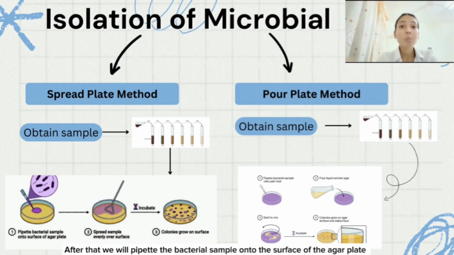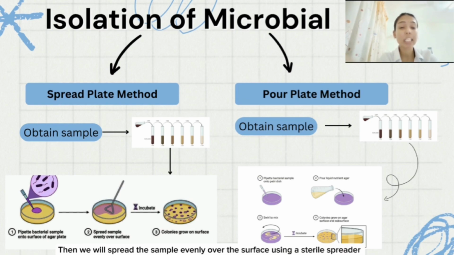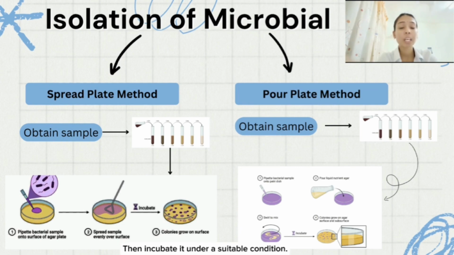Then we will pipette the bacteria sample onto the surface of the agar plate. Then we will spread the sample evenly over the surface by using a sterile spreader. Then we will incubate it under suitable conditions. Lastly, we can observe the colonies grown on the surface.